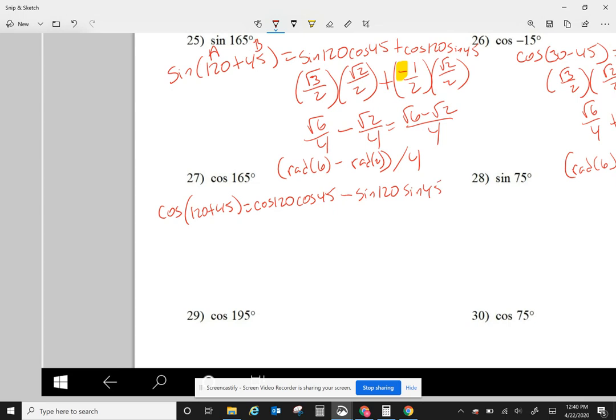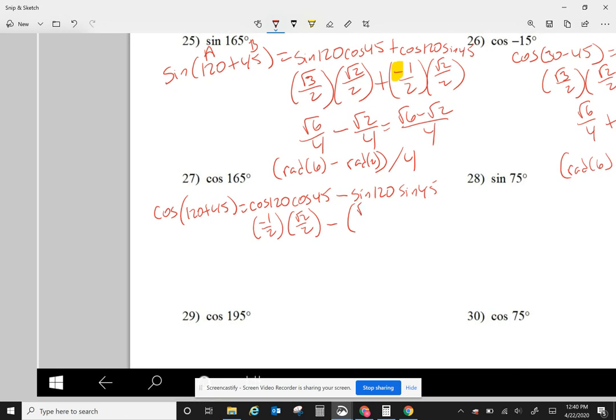Now, according to a unit circle, cosine of 120 is negative 1/2. Cosine of 45 is radical 2 over 2, minus sine of 120 is radical 3 over 2. Sine of 45 is radical 2 over 2.